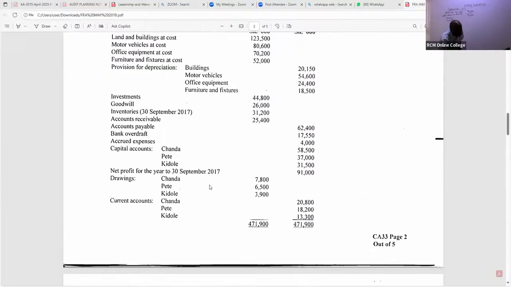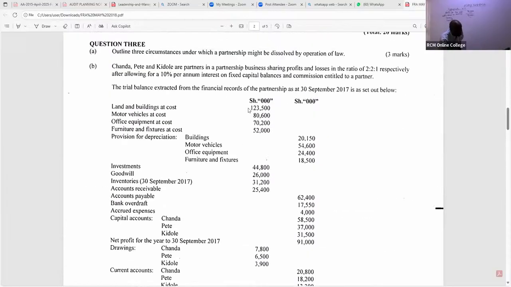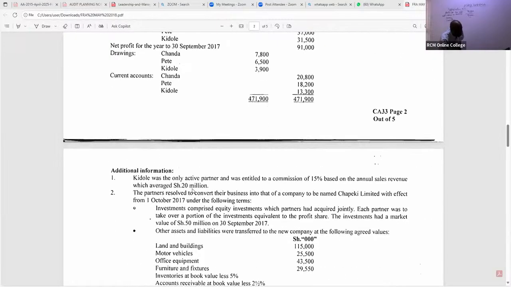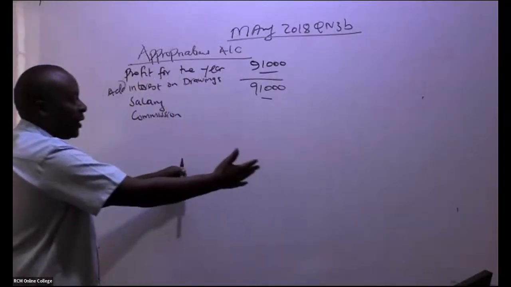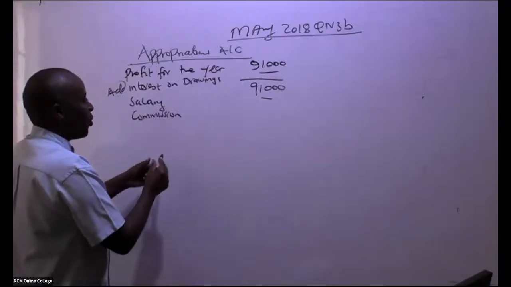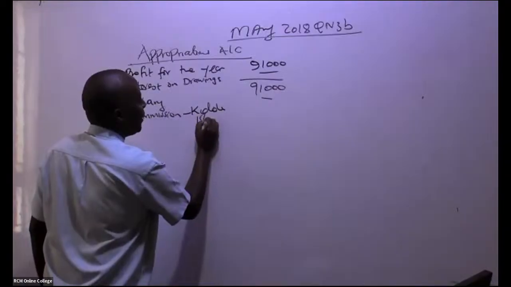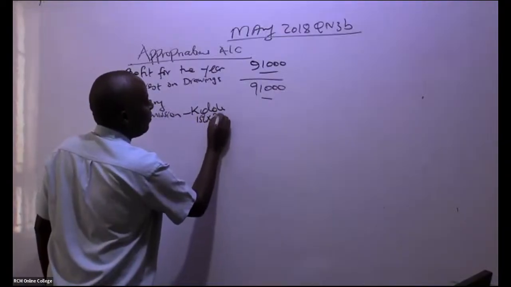But remember, our trial balance is in shillings thousands, so you must cut those zeros. So you're talking of 20,000. So we have commission Kidole, being appropriated, being distributed, which is 15% of this 20,000.